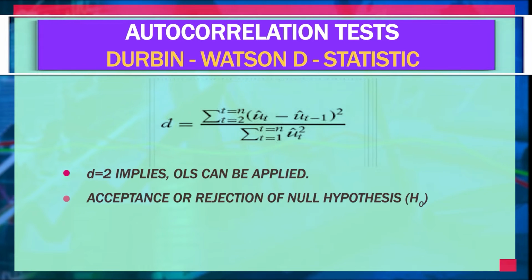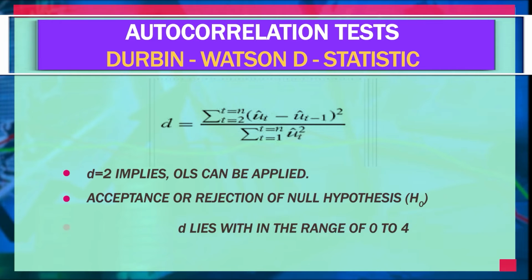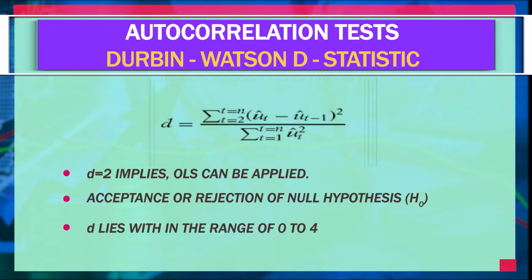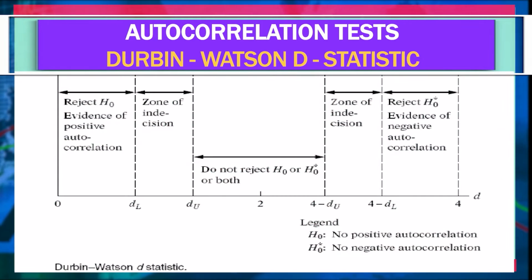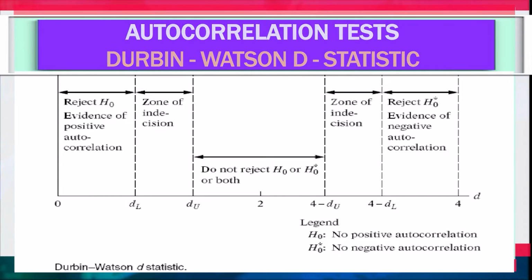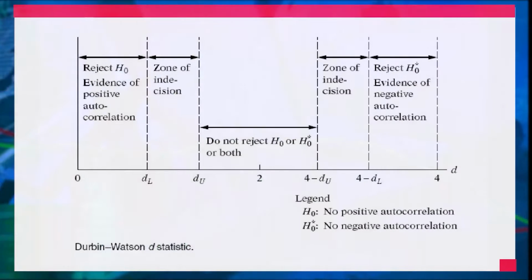So D can take different values, and accordingly we can comment on the acceptance or the rejection of the null hypothesis. This boils down to slide number 12, which explains the different regions or segments of D. First of all, we categorize this diagram within the limits of 0 to 4, because if we take 2 into (1 minus rho), and rho is 0, then D is 2.